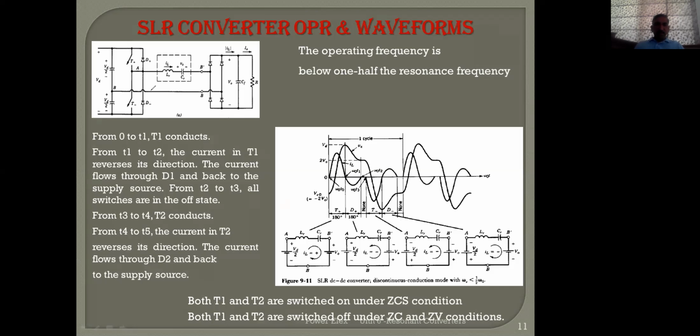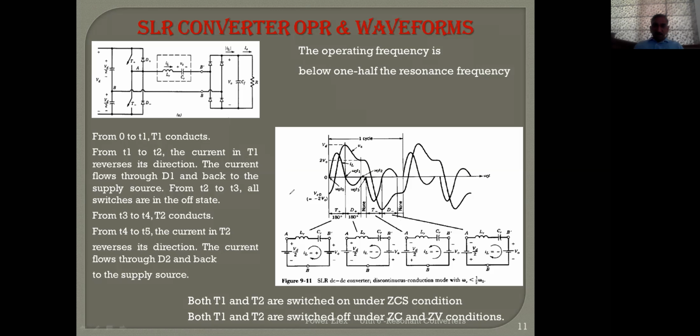Considering T1 is on, from point A we have LR, the inductance, CR, the capacitance, and B dash, this diode, which is forward biased, so it goes to R. The voltage across R is nothing but V0, then this goes to B, and B is connected to this. This is operation 1.